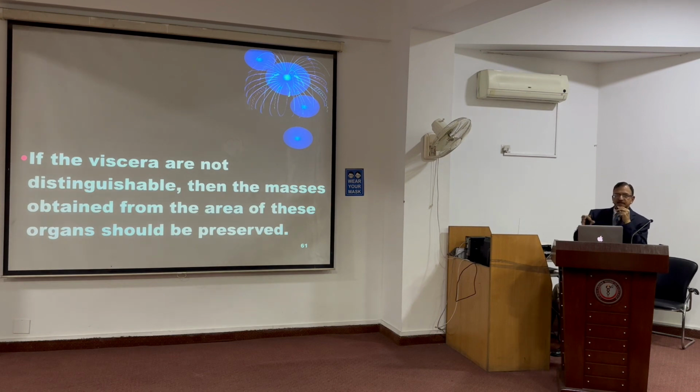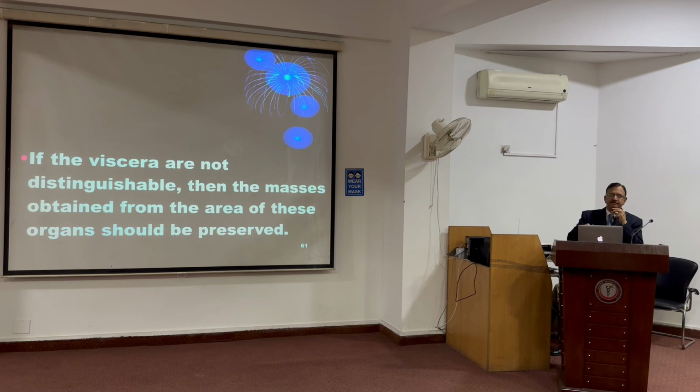And if the viscera are not recognizable, having putrefied into a pultaceous mass, then that mass can be taken. Sometimes the putrefaction is so advanced that the whole viscera is converted into a pulpy, pultaceous mass and no viscera is identifiable.